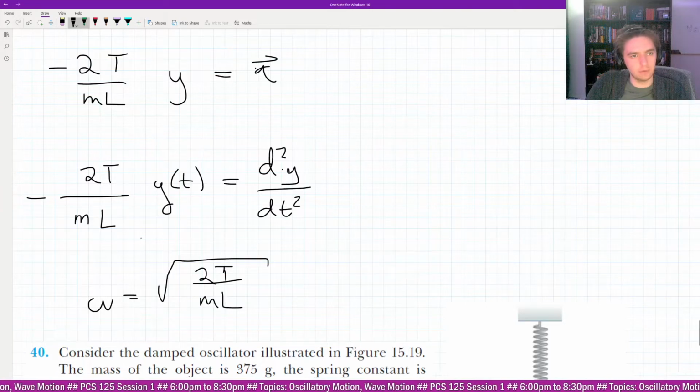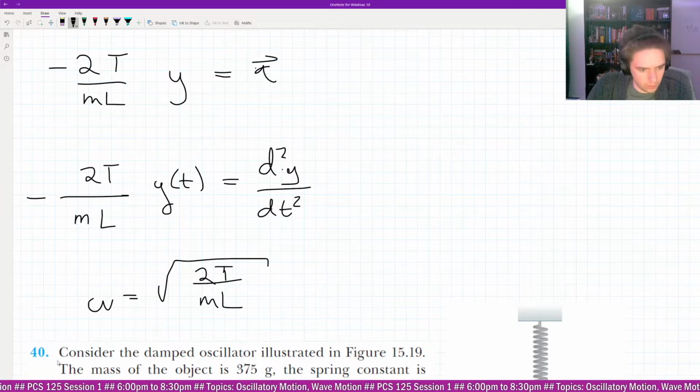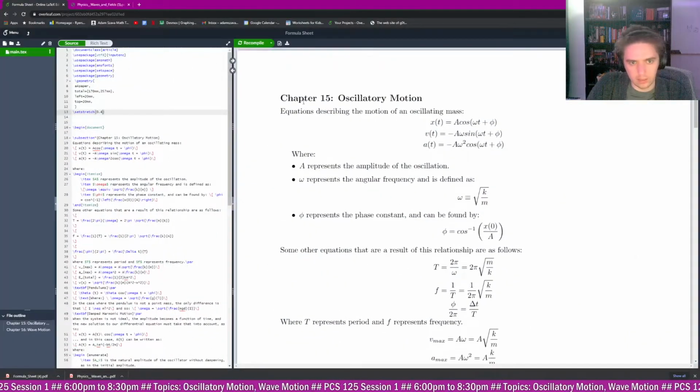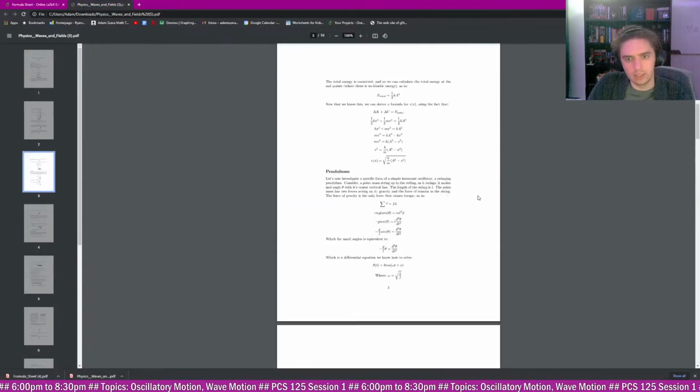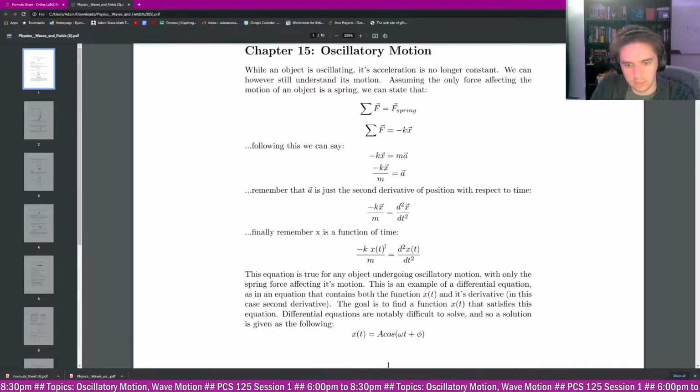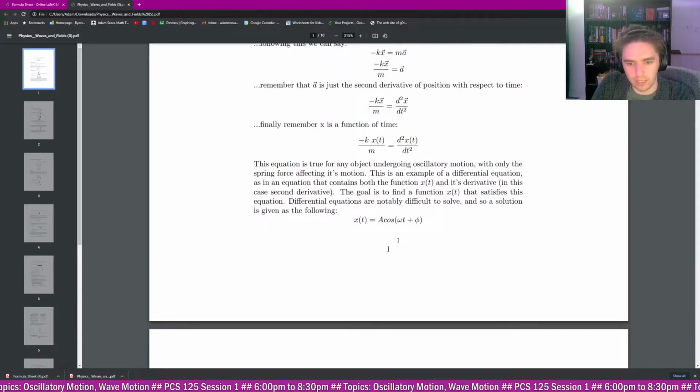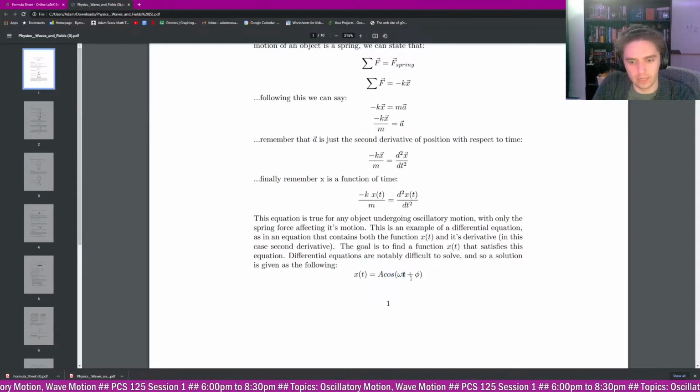Just like at the beginning of the semester, deriving the formula for x of t equals A cos of omega t plus phi, we saw negative k over m times x of t equals this, very similar to what we have in front of us.